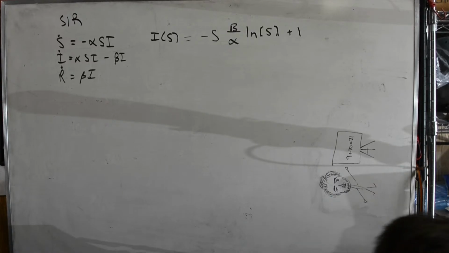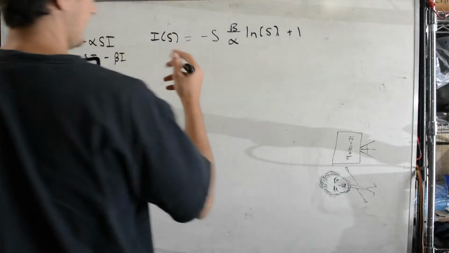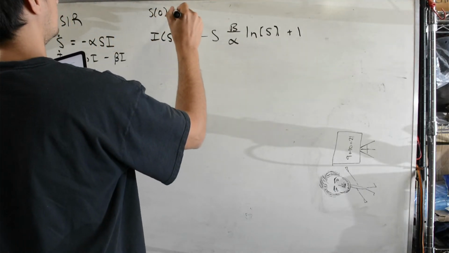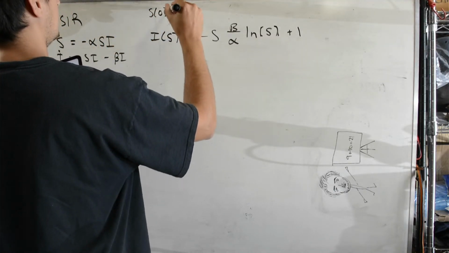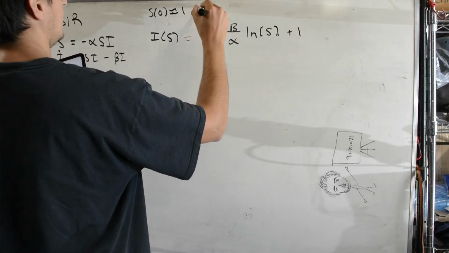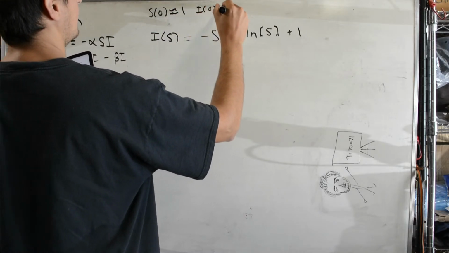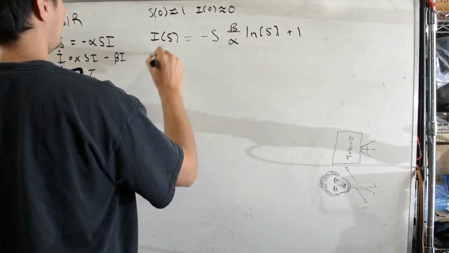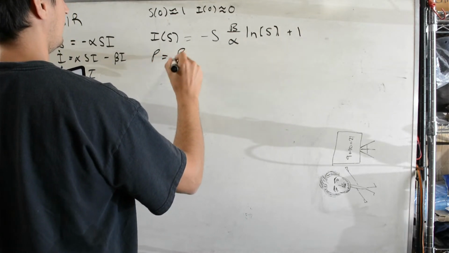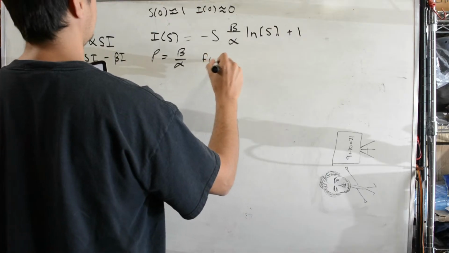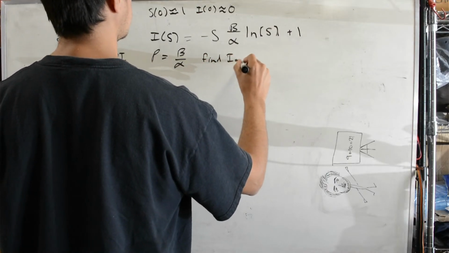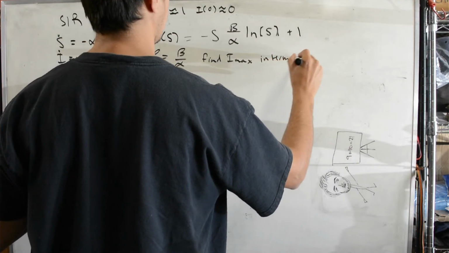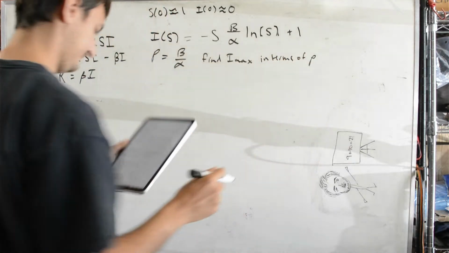Okay, this is fun. And then we have, let rho equal beta over alpha, find I max in terms of rho.